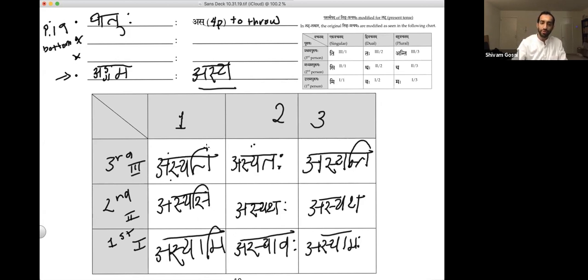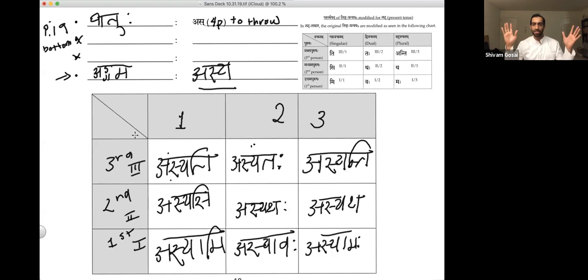What I want you to do for homework is from page 19, 20, 21, and 22 in your workbook. So 19 to 22 in your workbook, do the fourth gana dhatus, all the conjugation.